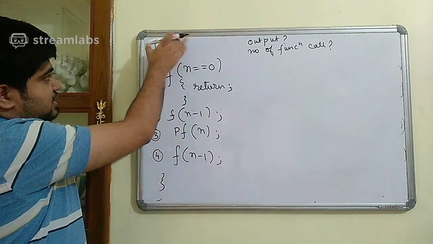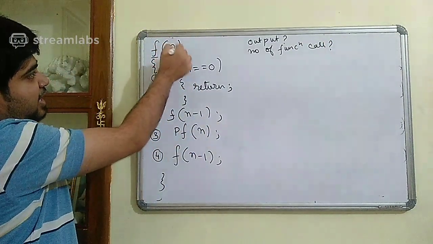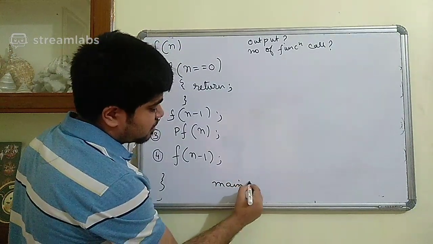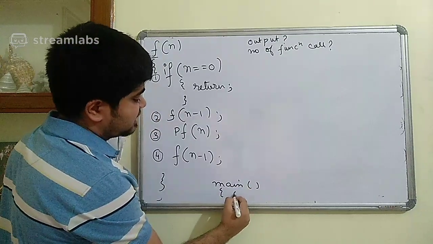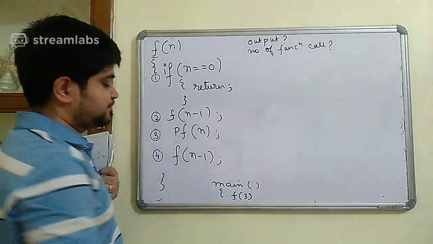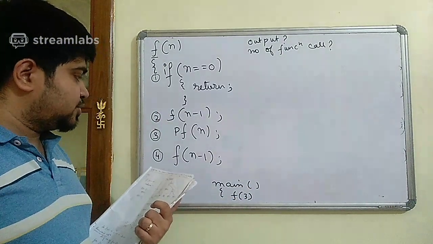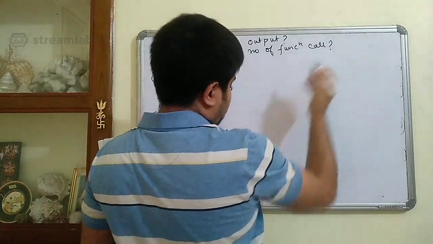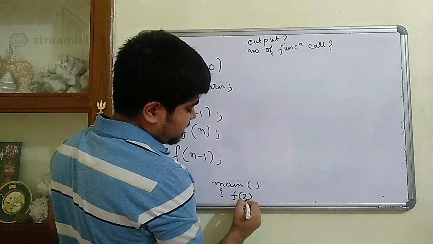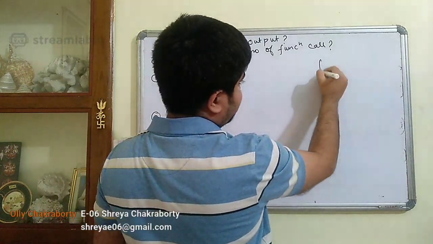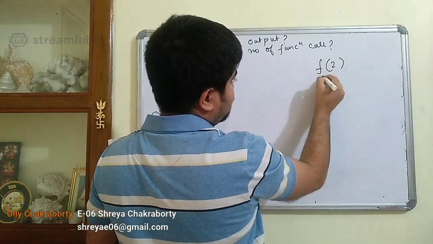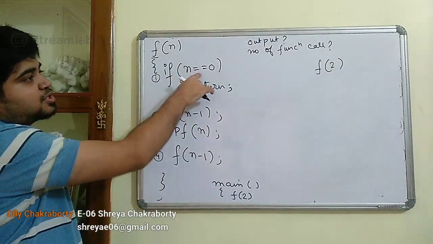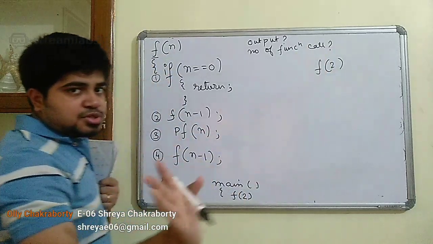The name of the function is f, and within f you are passing n. So from the main function, you call this with f of, suppose, 3. Let's see what happens. Or rather f of 2, for now let's make it short because we don't have much space. So f of 2 performs this. Is n equal to 0? 2 is not equal to 0, right?